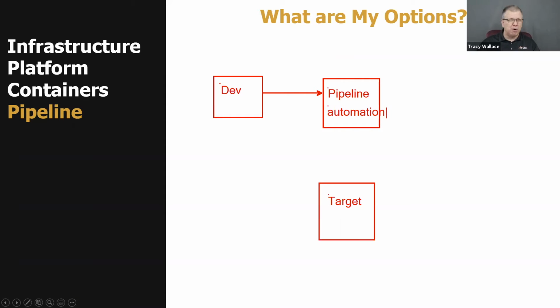It can be a whole bunch of things that go on, checking for your code completion, testing, making sure you've got security checks, all sorts of stuff. And then eventually that's going to deliver it down to a target. Now that target could be a cloud service, an infrastructure, a virtual machine, or just a machine running in your own data center.